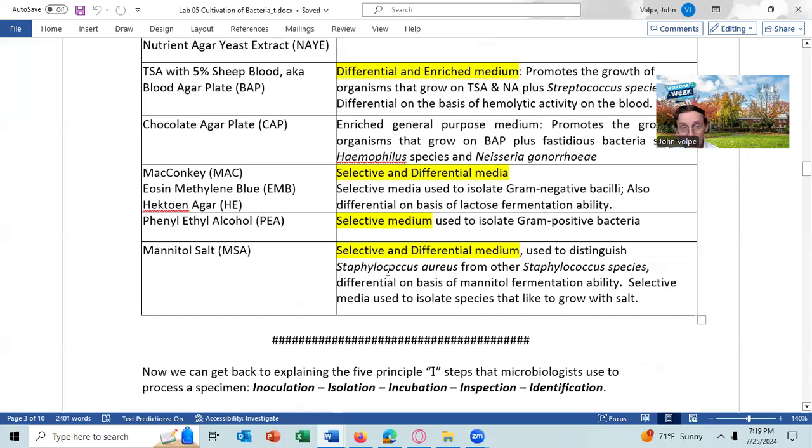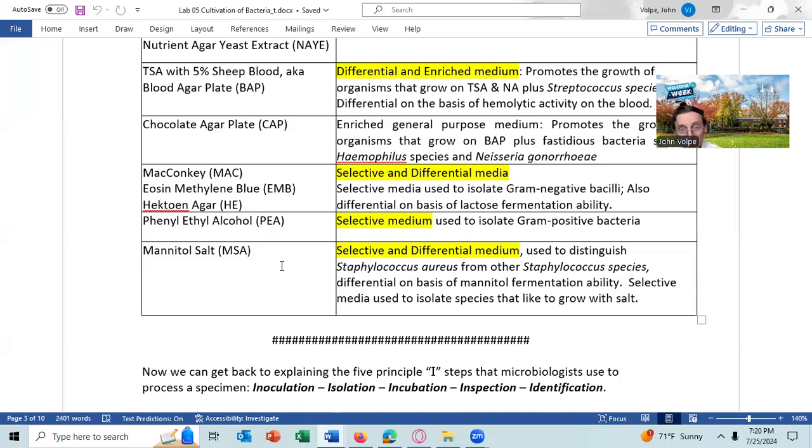It is selective because it has 7% sodium chloride in it, and only bacteria that can tolerate 7% sodium chloride can grow on mannitol salt agar. Most bacteria cannot grow above 2% sodium chloride. So if it can grow on mannitol salt agar, that means the bacteria like growing in a high salt concentration, 7% sodium chloride.